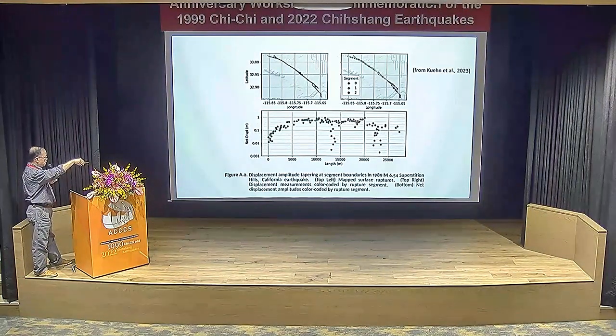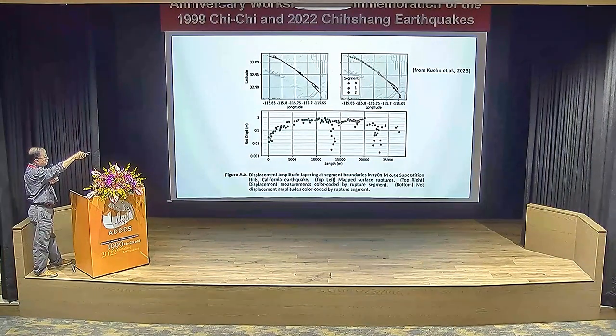This is a slip profile from the 1989 Superstition Hills earthquakes. And Cohen et al. went in and looked at the data, and they used an automated method to segment the ruptures. And this is what they came out with.